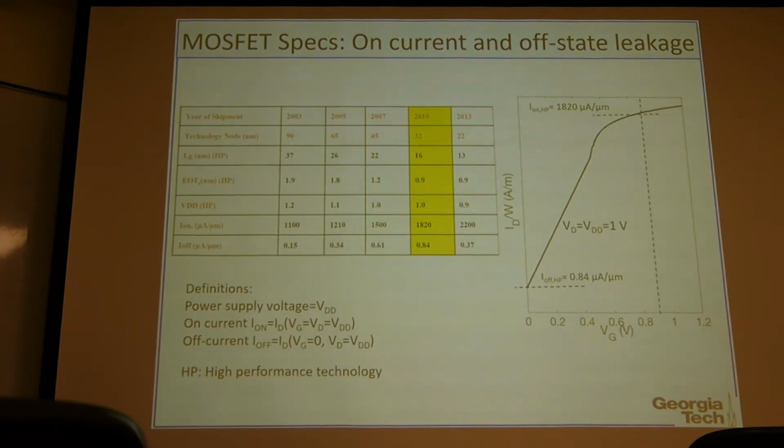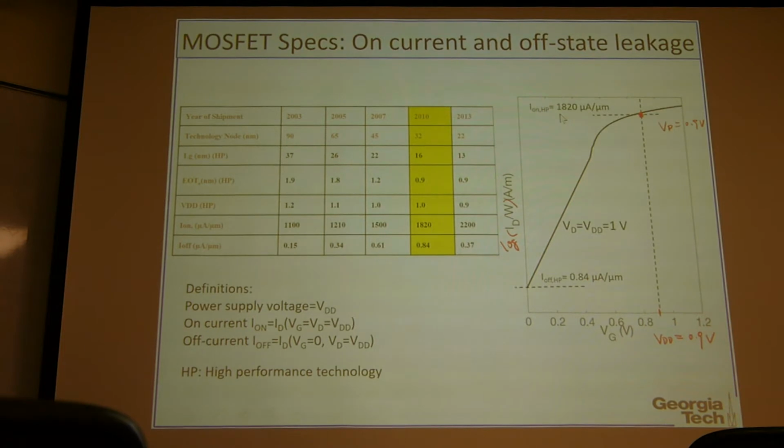So in this ID-VG curve, of course, this is log scale. You have seen this before. If your VDD here is, for example, 0.9 volts, and the drain voltage is also 0.9 volts, you will get the maximum current from the transistor.